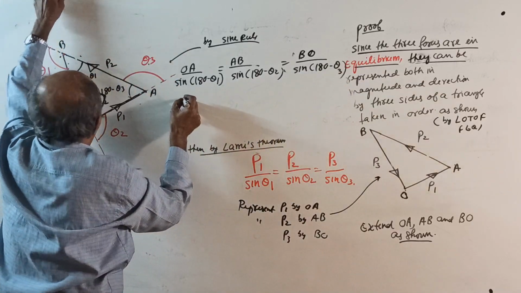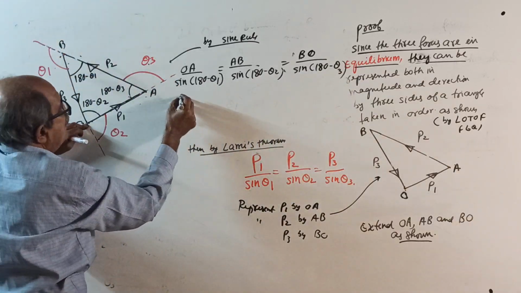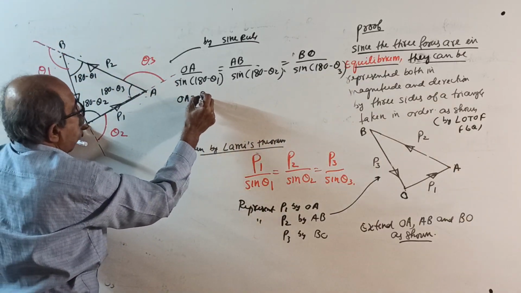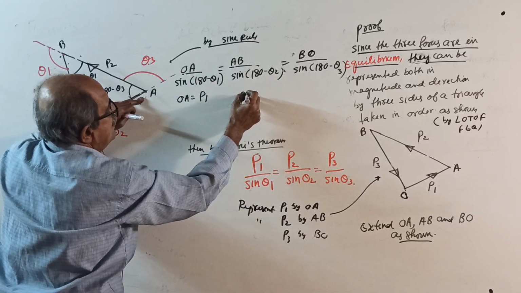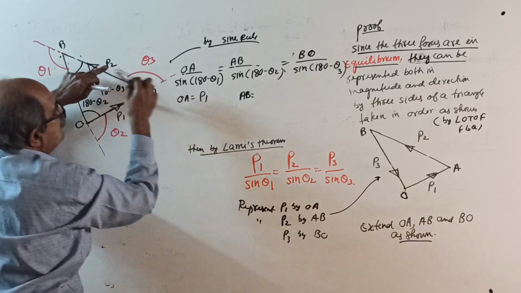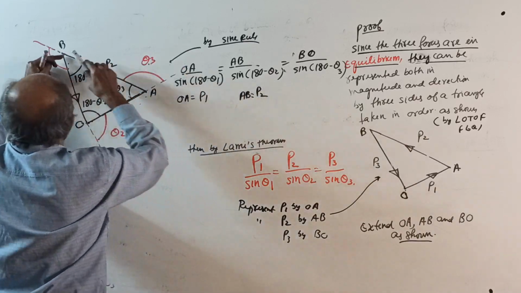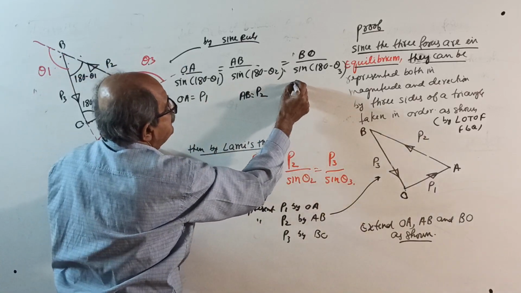Now OA equal to P1, AB equal to P2, and BO equal to P3.